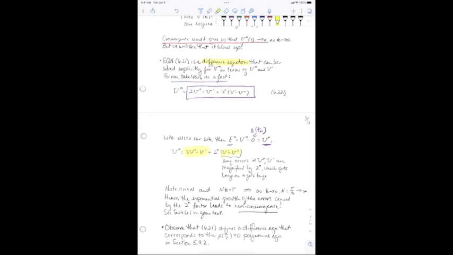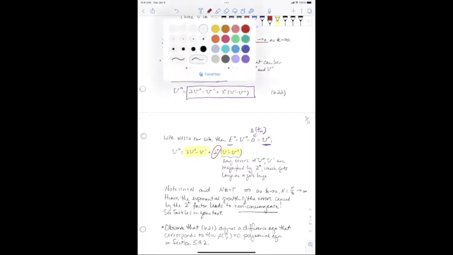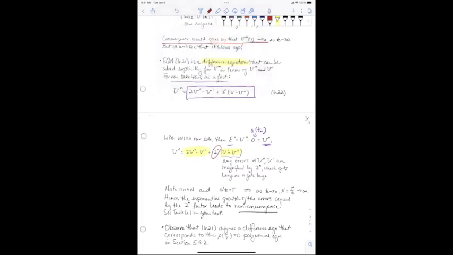And of course, the thing that is sort of driving things is this multiplier right here, this 2 to the n. Now remember, n is the number of time steps you're taking. And so as n increases, you're marching along in time. Well, as n increases, 2 to the n also gets large.